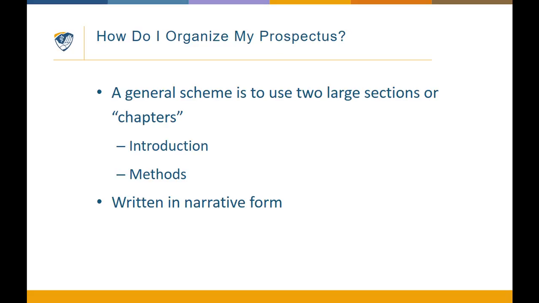So the prospectus can be generally organized in two ways. And a prospectus usually has two large sections or chapters, and then multiple subsections. And the first is the introduction, and this is where you give the reader a basic idea of what your research question is, what the rationale is, and give us some specifics as the kinds of research questions you're going to ask. And then the methods is a somewhat general outline.